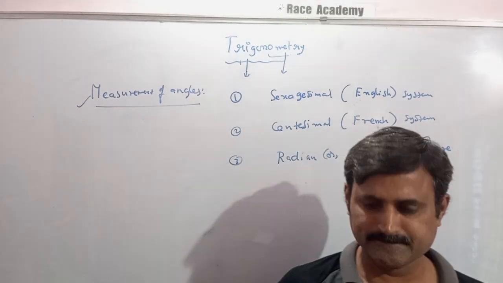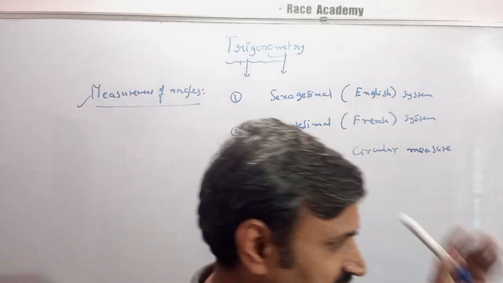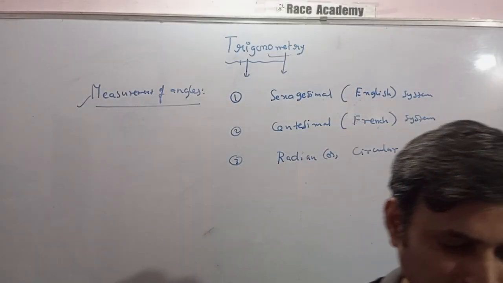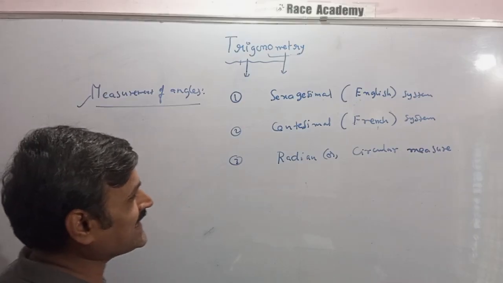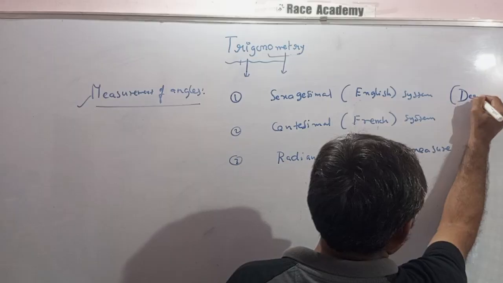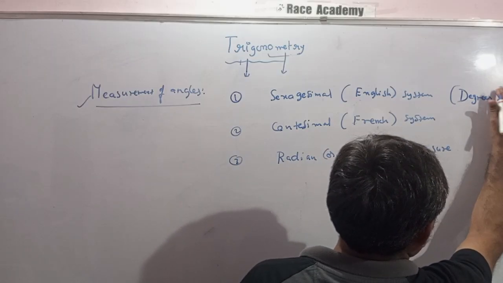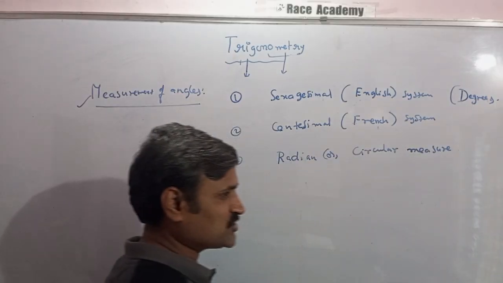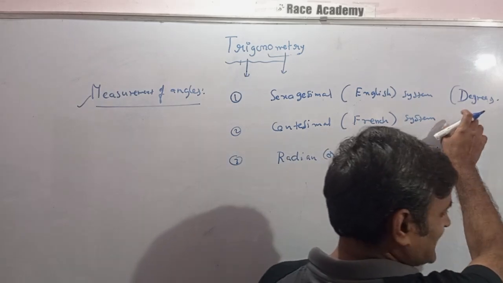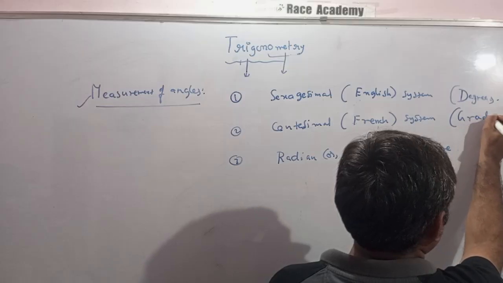First one, if you observe the sexagesimal system, in this system the unit is developed where the measurement of angle is in degrees only. In degrees we will measure the angles. When it comes to the second one, the centesimal system, we will express that angle in terms of grades.